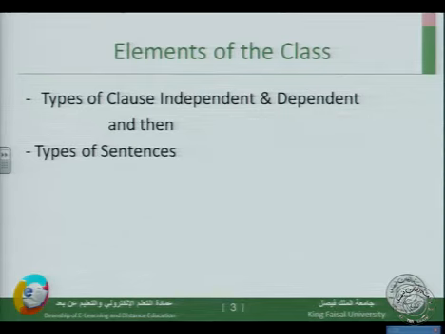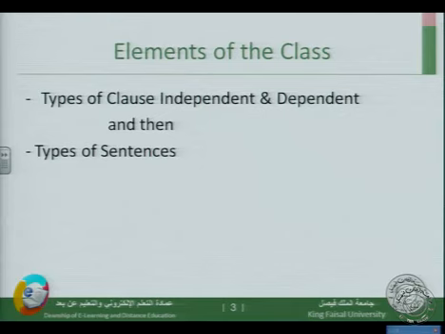So I want you to pay attention because this grammar will help you write a strong sentence. As you know, we have weak sentences and we have strong sentences. I want you to write strong sentences. First of all, we'll start by talking about types of clauses, independent and dependent.